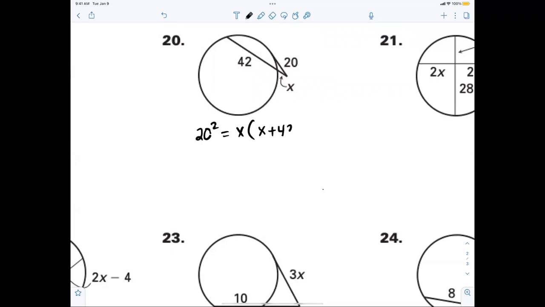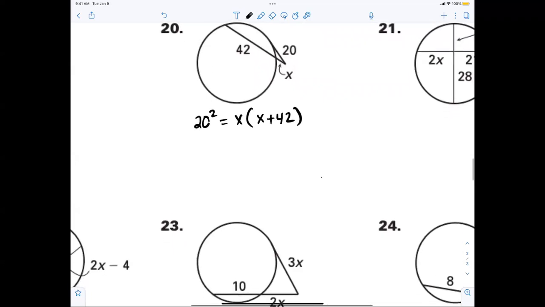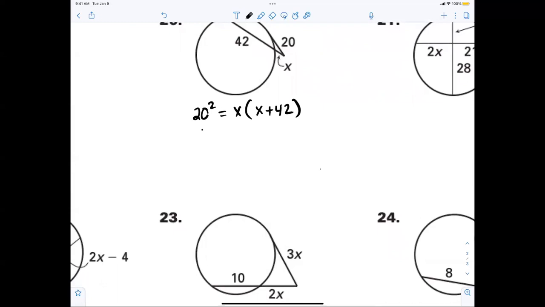X plus 42. So now we have 400 equals X squared plus 42X. And so now X squared plus 42X minus 400 equals 0.